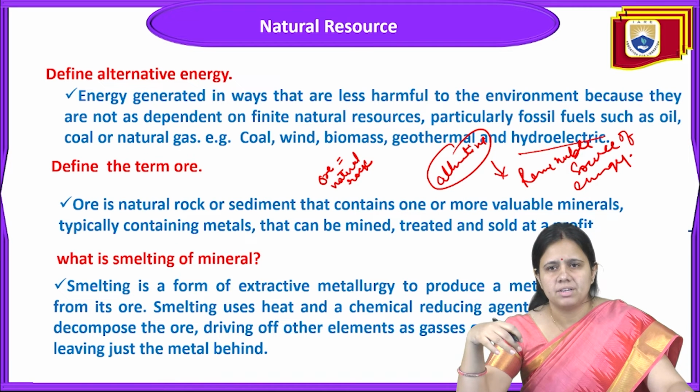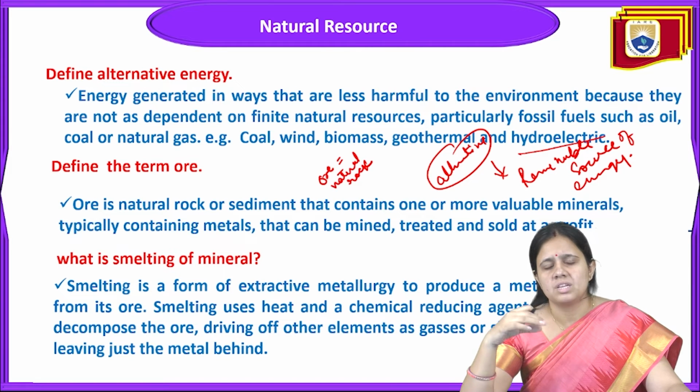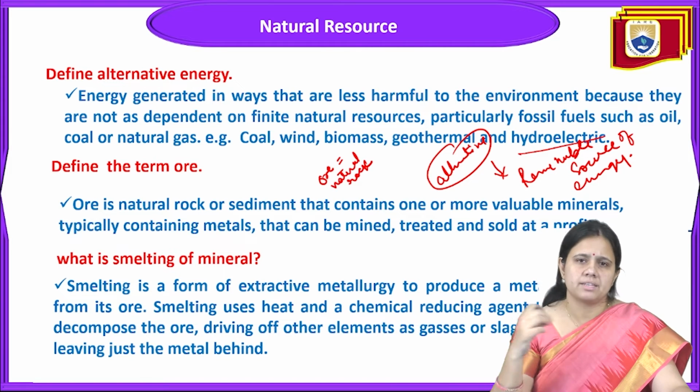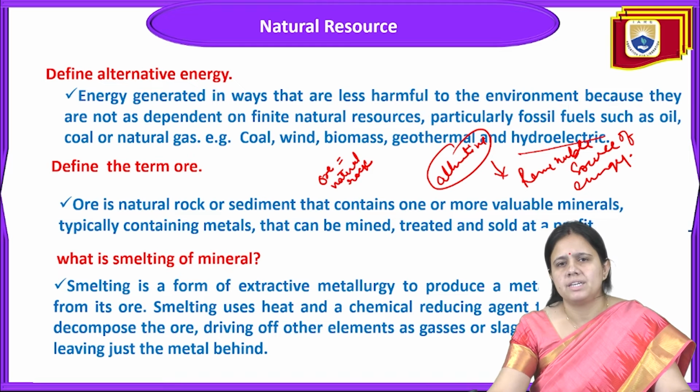At a very high temperature, some elements or gases are used, which extract the metal from the ore and leave behind the slag and just the metal. This is about the smelting of mineral.